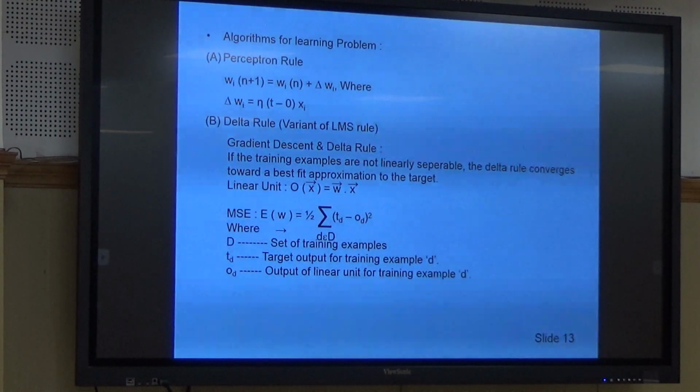So our problem statement is, we initially choose the synaptic weights and we give the training examples to a linear unit. We check the output. We have an error criterion which is squared error.